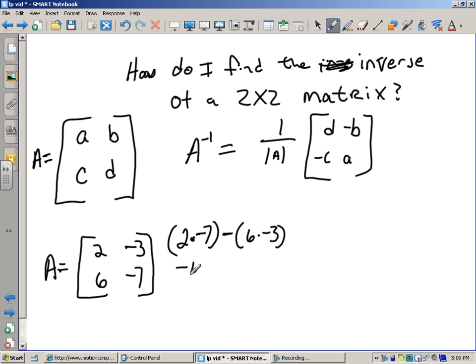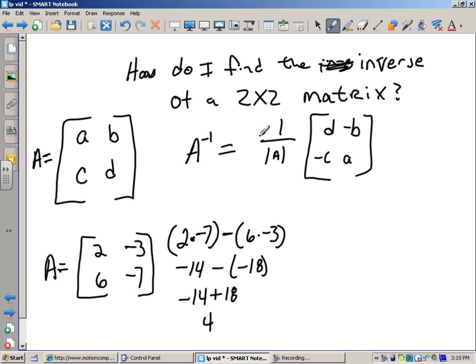So that's -14 minus -18. Remember, a negative and a negative make a positive, so this is really -14 plus 18. So our determinant here is 4. Determinant of A is going to be 4.